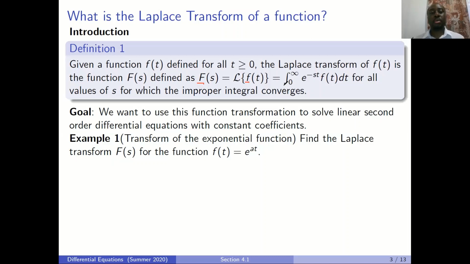So what we're going to do today is try to understand how this transform operates. How do we actually perform this improper integral? What kind of functions can we guarantee that this integral will converge for?